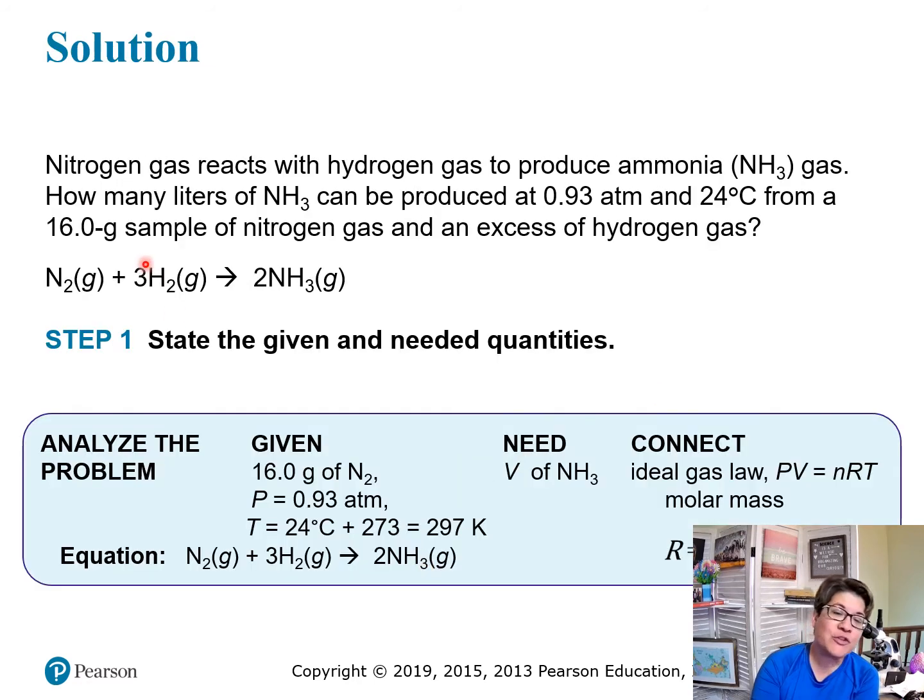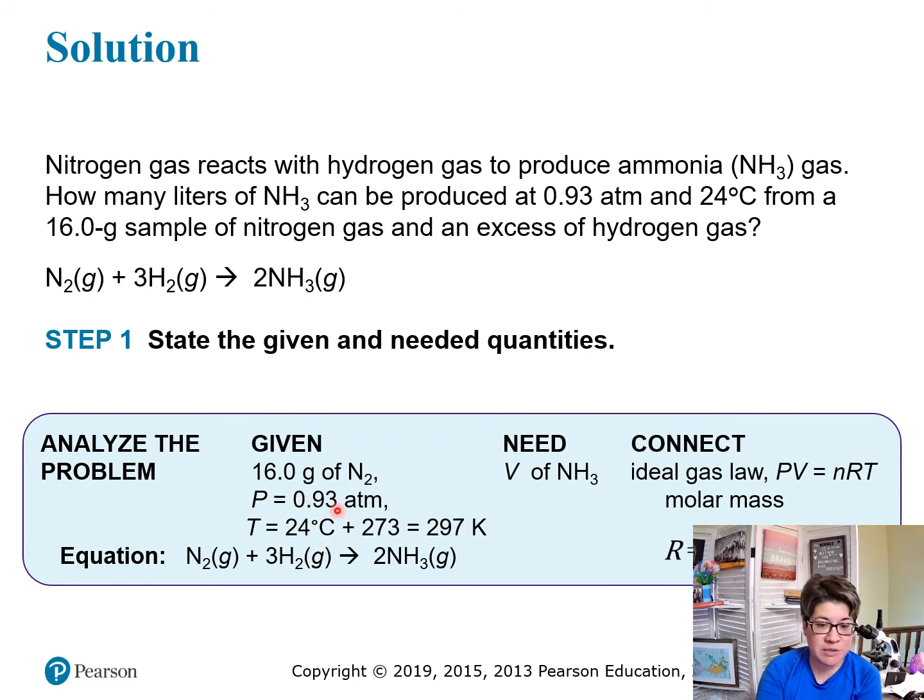Okay, so first you have to make sure that your equation is balanced, which they gave you a balanced equation, so that's nice. Then you are given your mass of nitrogen and your pressure, and you need to convert that to Kelvin. And eventually you need volume of NH3, but we have a few steps to go in between. You do get to use your 0.0821 for R because you're in atmospheres.